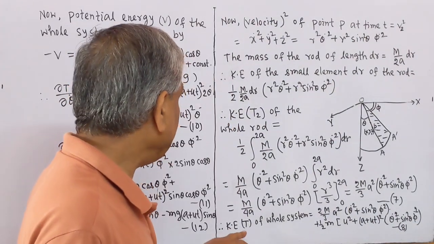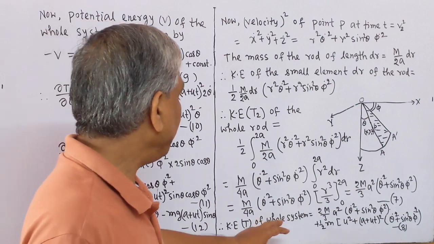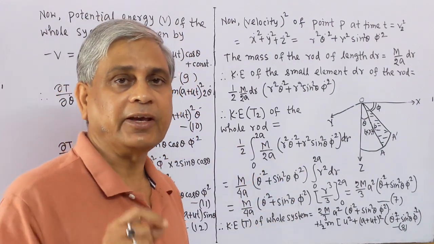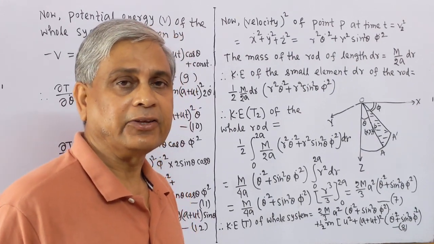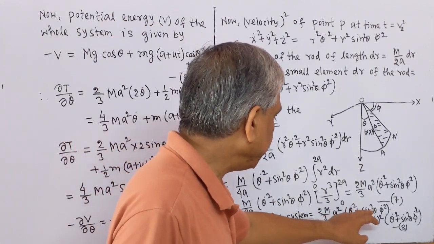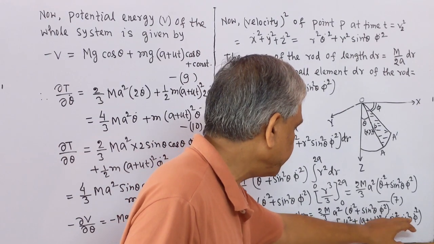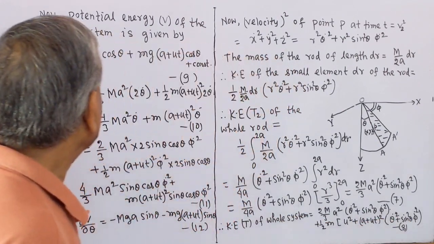Therefore, the kinetic energy T of the whole system will be T1 plus T2. T1 is the kinetic energy of the insect and T2 is the kinetic energy of the whole rod. This part is the kinetic energy of the whole rod and this part is the kinetic energy of the insect, and we get equation 8.